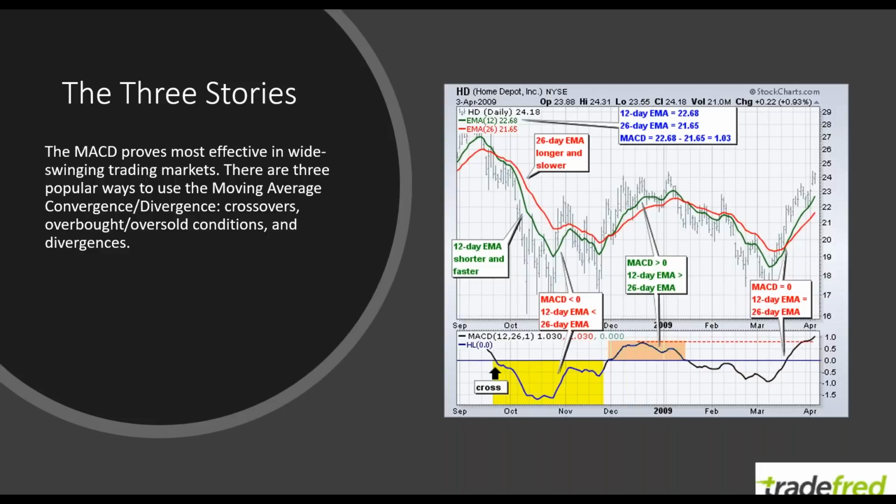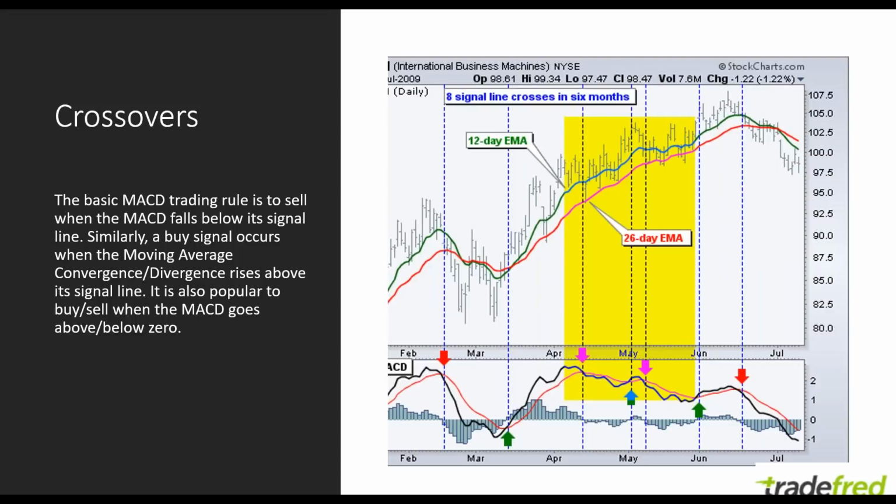Crossovers generate transaction signals, buy and sell signals. Then we have overbought and oversold conditions. And then we also get divergence. So there's a lot of information on this chart and many different ways that we can use the MACD indicator.